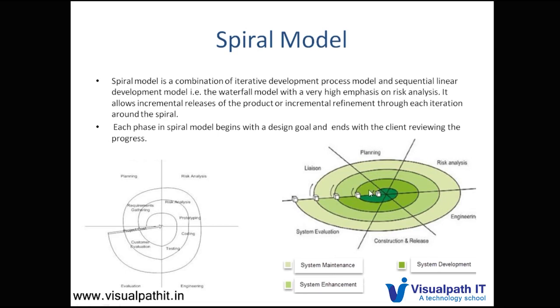After that, in the second layer, we did the system development. Now in the third layer we did the system enhancement, then the maintenance. So each iteration, in the spiral model, we call it a spiral. And the difference with other models is that here we have introduced a risk analysis phase.